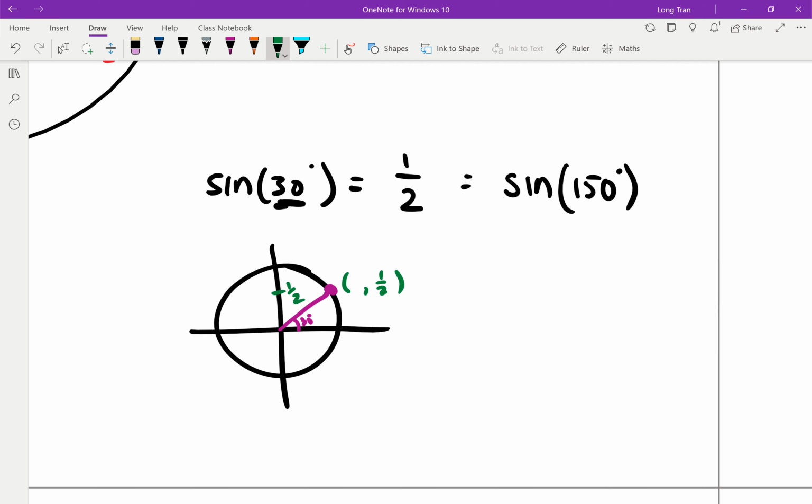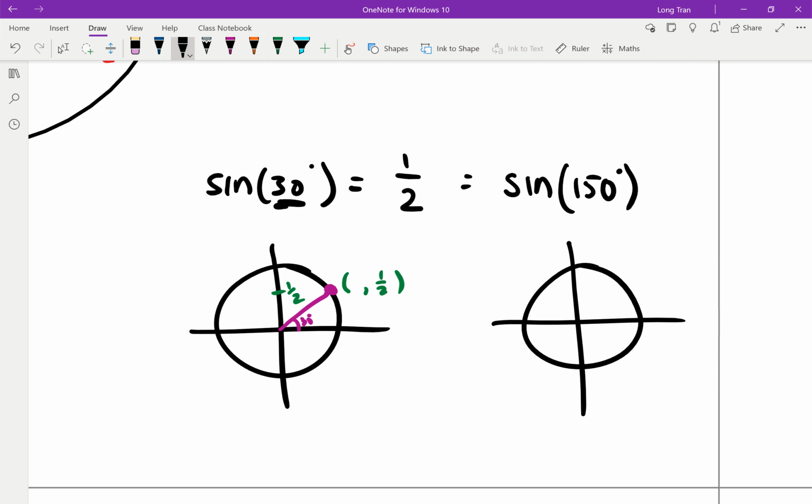What's interesting is if you replicated that same triangle, but you drew it over here instead, and that's 30 degrees here, the height should still be half. True? It should still be half, except the angle now is 150. Starting from 0 here, going all the way there is 150 degrees.